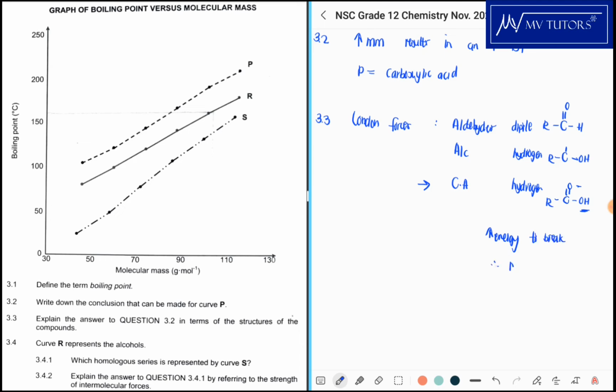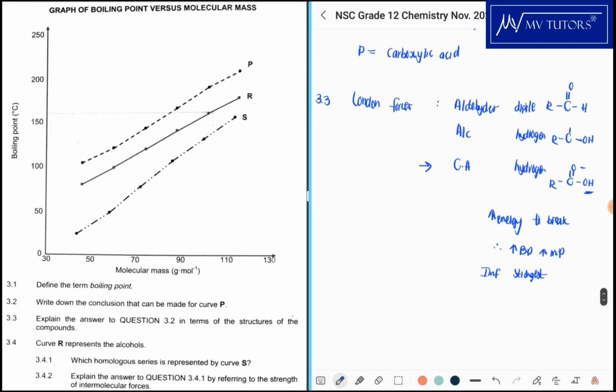So hence it has a higher boiling point, also a higher melting point if you were to go into detail. All right, and the intermolecular forces are quite strong. They're the strongest. Okay, so that's why curve P is above all of them, because it is a carboxylic acid.